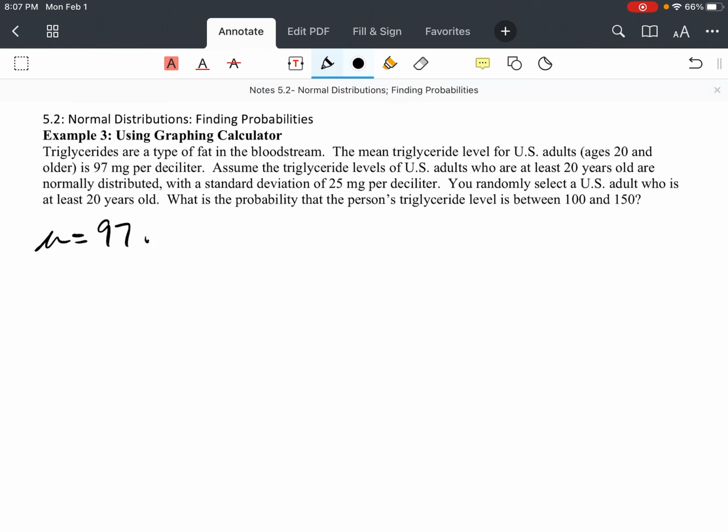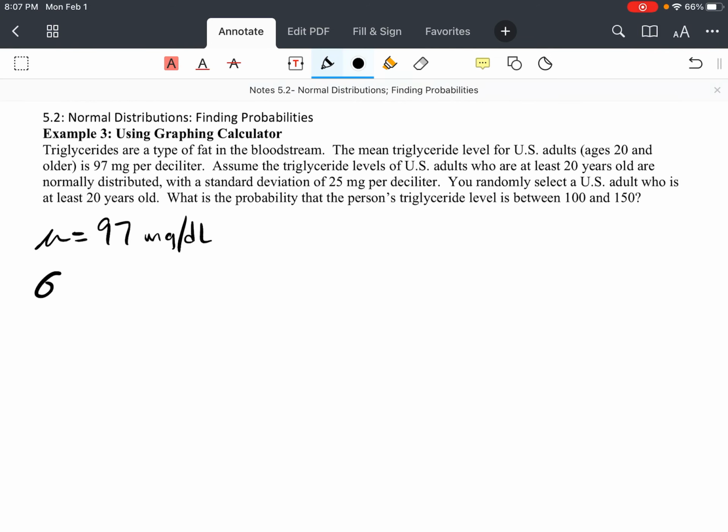Assuming the triglycerides of U.S. adults at least 20 years and older are normally distributed, we have our standard deviation here of 25 milligrams per deciliter.